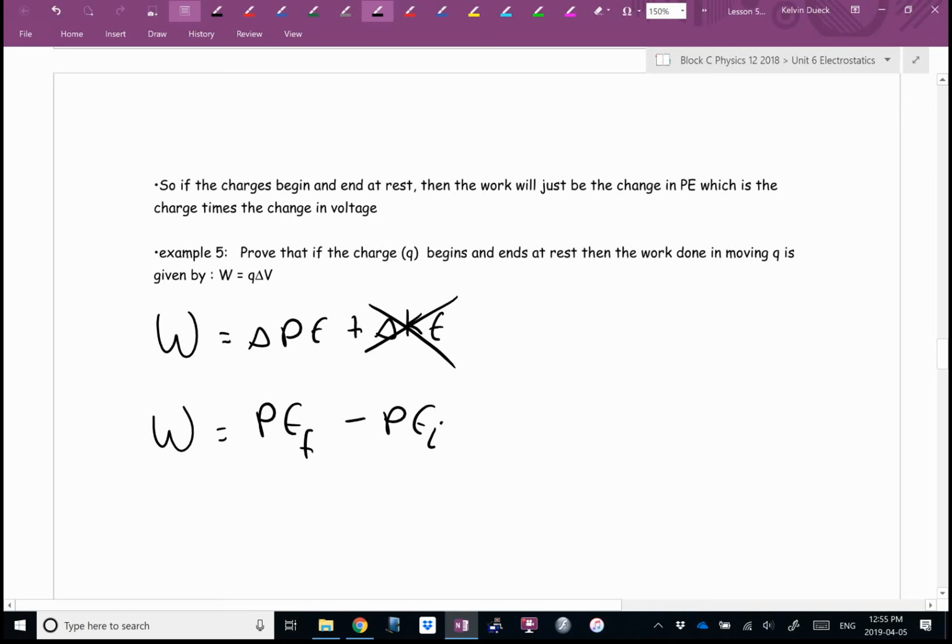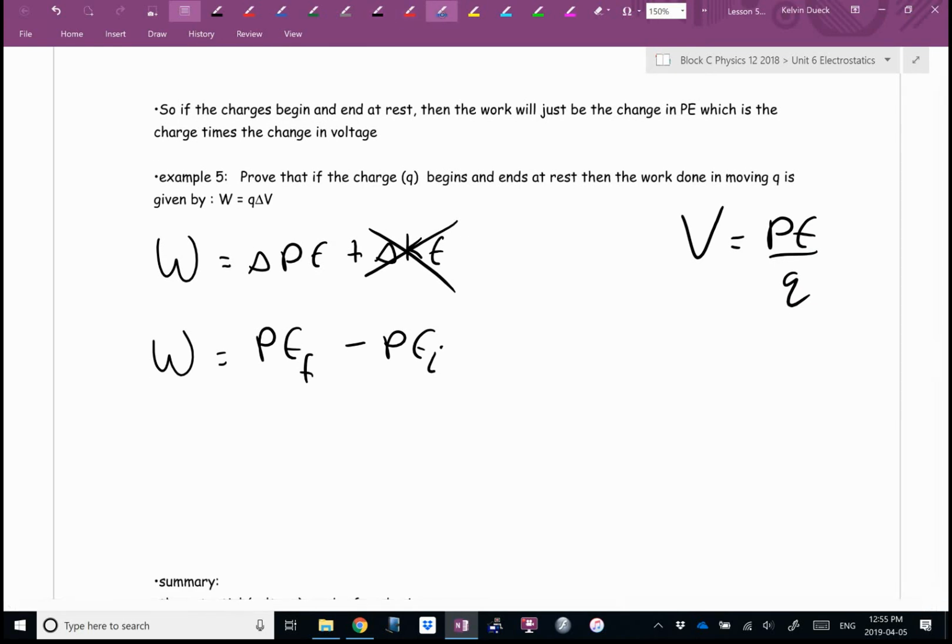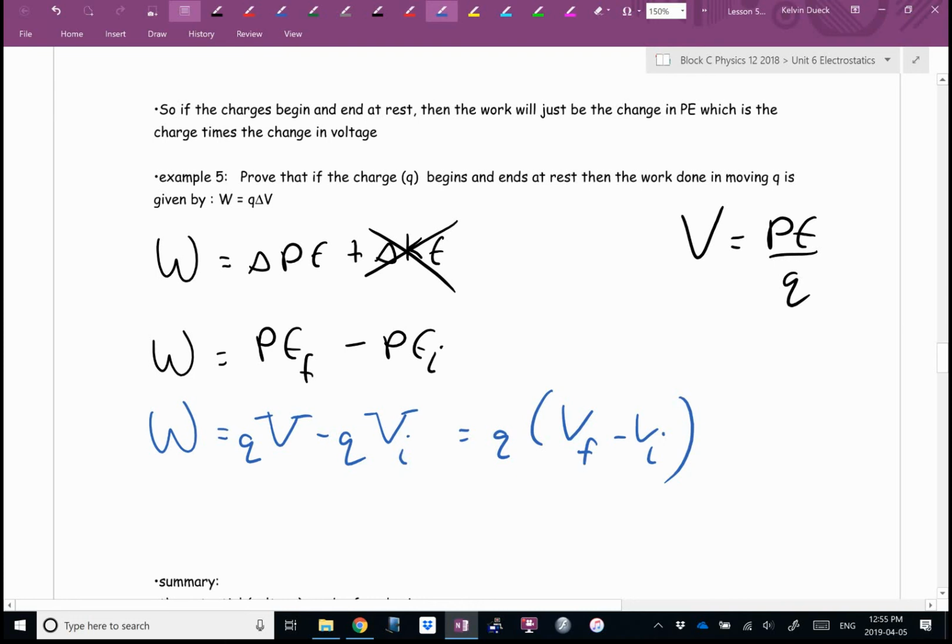Except instead of writing K, Q1, Q2, I'm going to use the definition of voltage, which was the potential energy per coulomb. And I'm going to write this as QV final minus QV initial. I'm going to factor out a Q, GCF, and I'll have final minus initial.